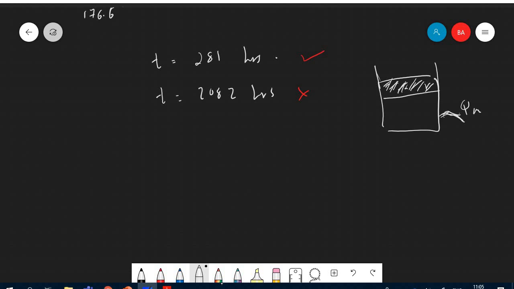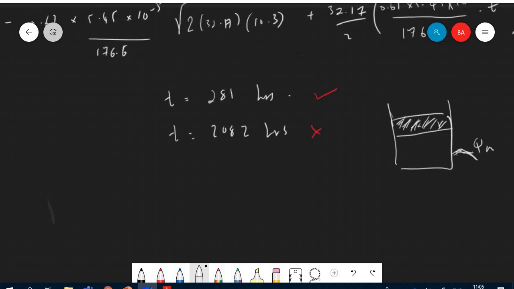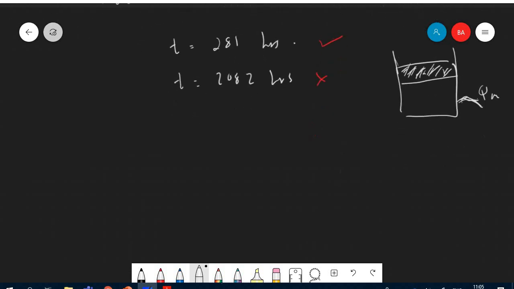So I can get an answer there. Just to look at it, if you can recall the mass spilled, I'm taking this as another way of solution, which is an approximated way.